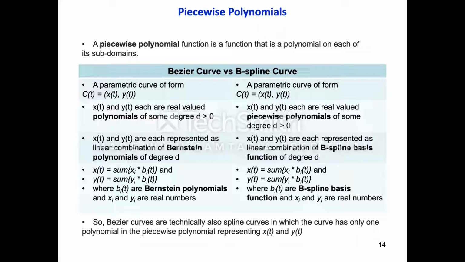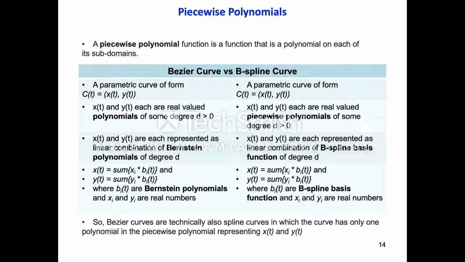Piecewise polynomials. A piecewise polynomial function is a function that is a polynomial on each of its subdomains. Now, the difference between Bezier curves and B-spline curves. Both B-spline curves and Bezier curves are defined by C of t equals x of t, y of t.